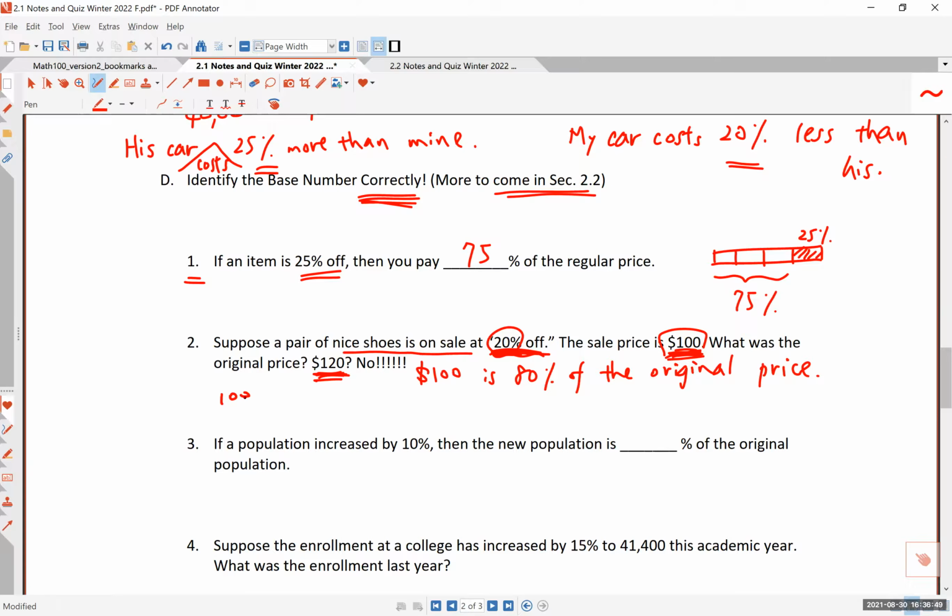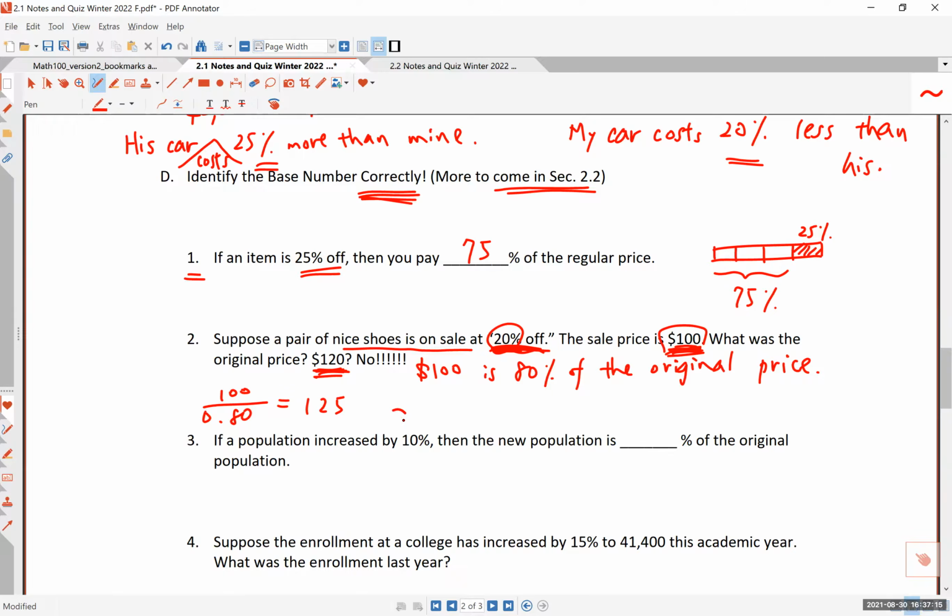And remember, whenever you have to find the reference number, you have to divide the part by the percentage. So 100 divided by 0.8 is the correct operation you have to perform. And the answer is 125. Just get your calculator out, put 100 divided by 0.8, and you get 125.